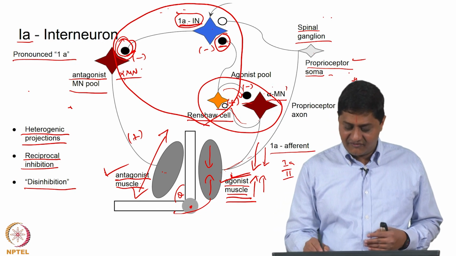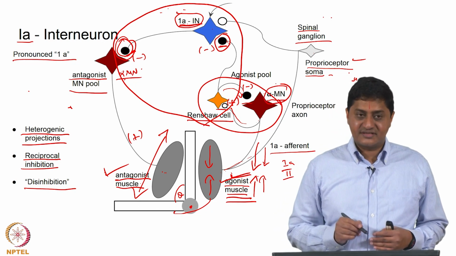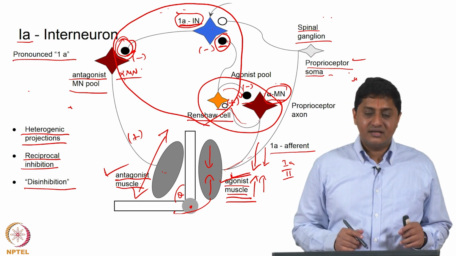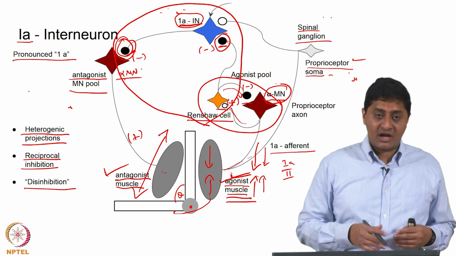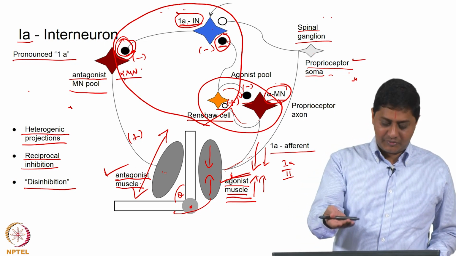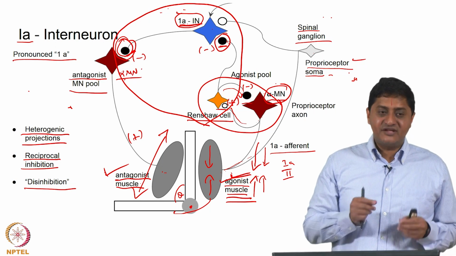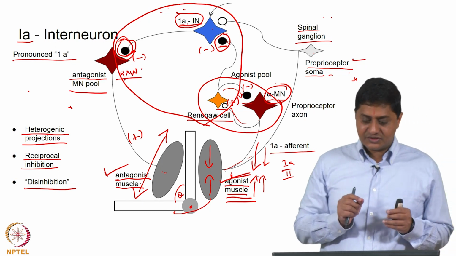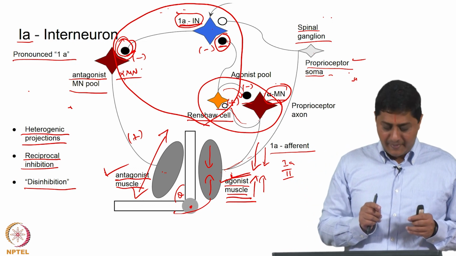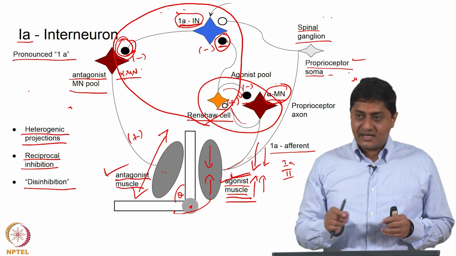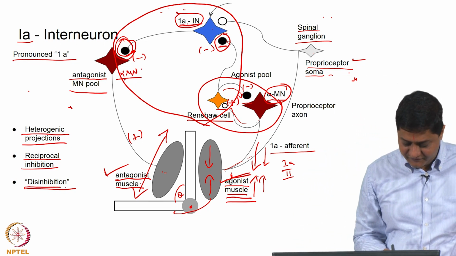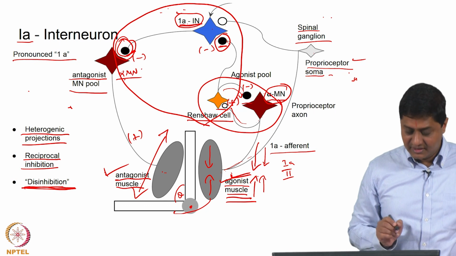As soon as this alpha motor neuron is getting excited, it is inhibiting the inhibition of the other opponent, the other pole, so it is a very fine design. Depending on the case, inhibition or excitation could happen, and in this particular case an inhibition of inhibition, or a disinhibition, happens. Very important terminology, this disinhibition.